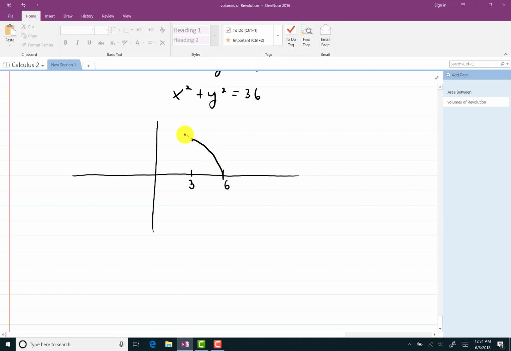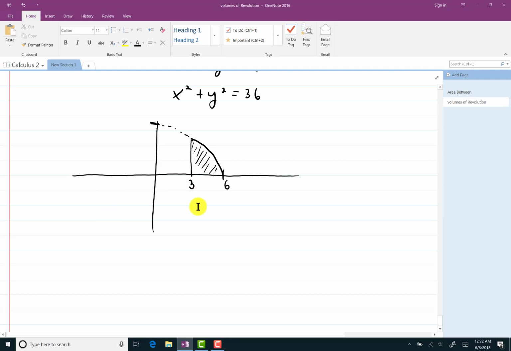But the stuff that's chopped out is there. So really, if you look at it, this region here is the region that we could revolve around the y-axis. Then I could multiply it by 2 to take care of the bottom half of this thing.